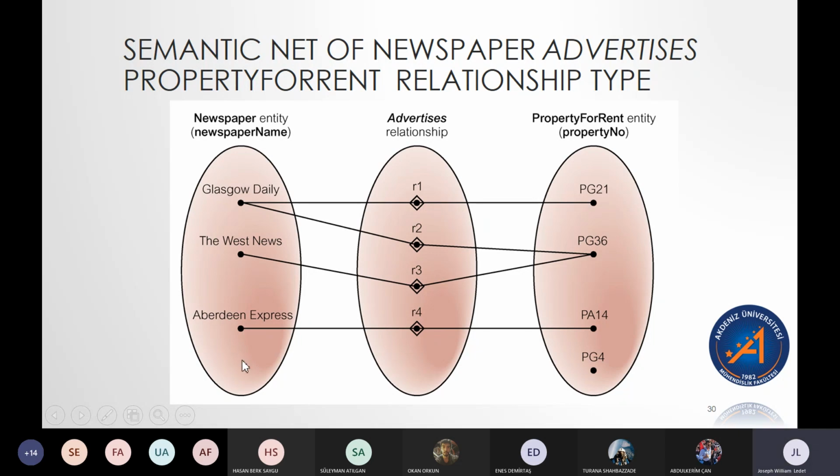Now notice over here, there's no newspaper over here that doesn't advertise a property for rent. Why do you think that is? Why do you think that we don't have a newspaper over here that doesn't advertise a property for rent?